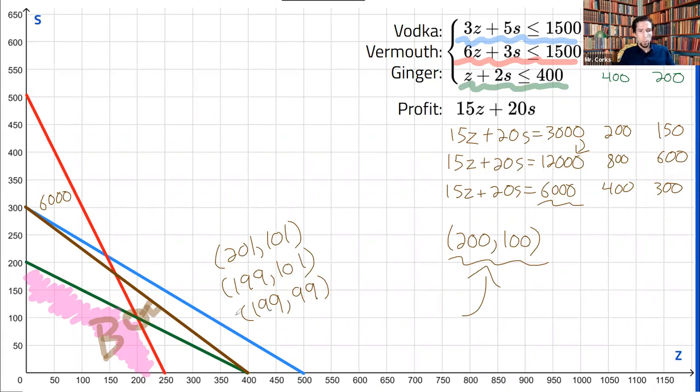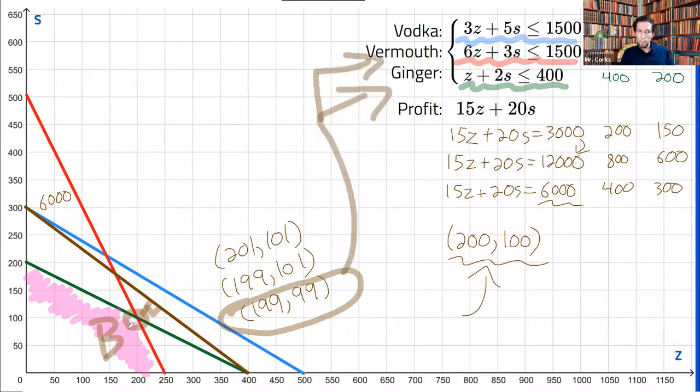So this point here, 199 and 99, I'll just tell you that's not the correct point, but it would be valid. It would work with both of the inequalities because it's inside our feasible region. So it would come out as, yes, that does satisfy the inequalities, but it wouldn't be the best one.